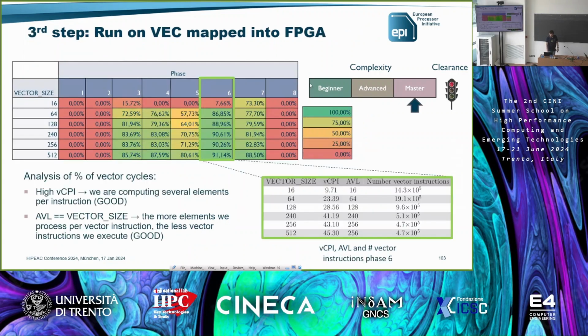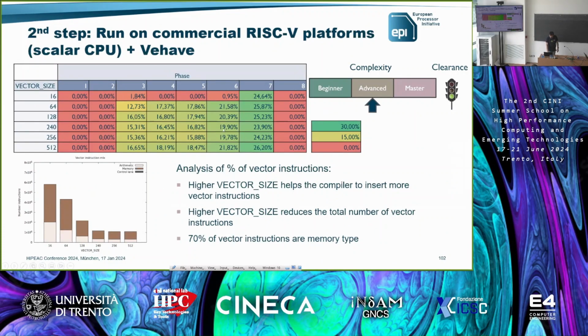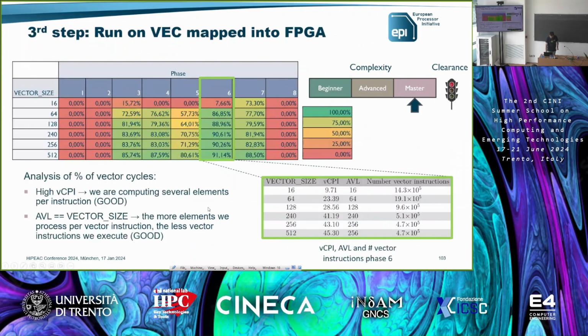So maybe there is something bad there that prevents the compiler from vectorizing that code. Let me go here. We then run on the FPGA, and instead of looking at the number of instructions, we look at the percentage of vector cycles, the percentage of cycles in which the vector unit is on. Here we can see that phase 6 has some numbers that are growing.